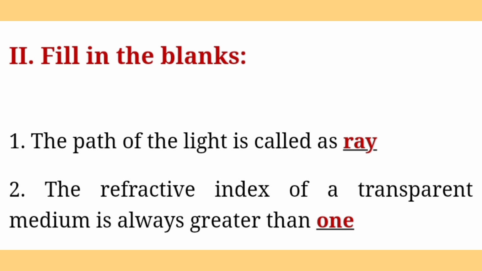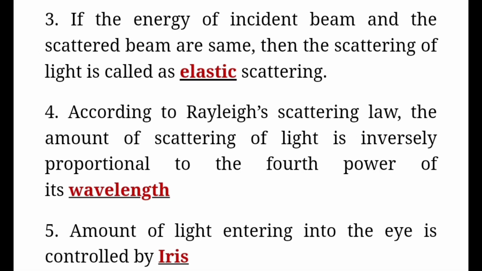First one, the path of the light is called as ray. Answer, ray. Second one, the refractive index of a transparent medium is always greater than dash. Answer, 1. Third one, if the energy of incident beam and the scattered beam are same, then the scattering of light is called as dash scattering.